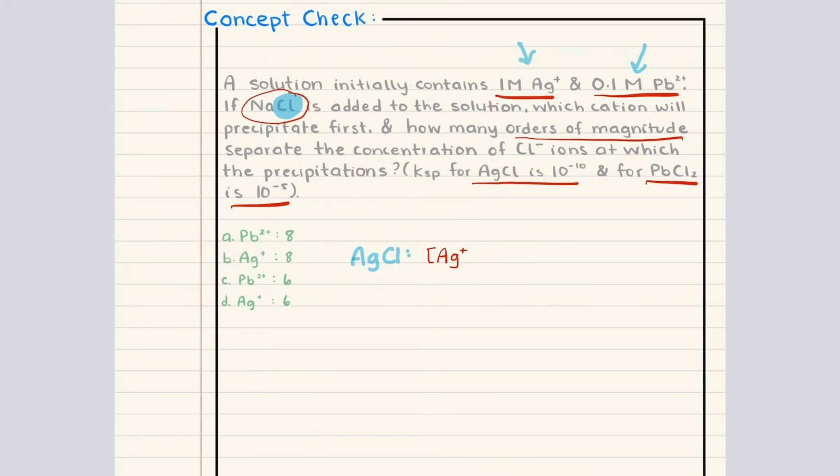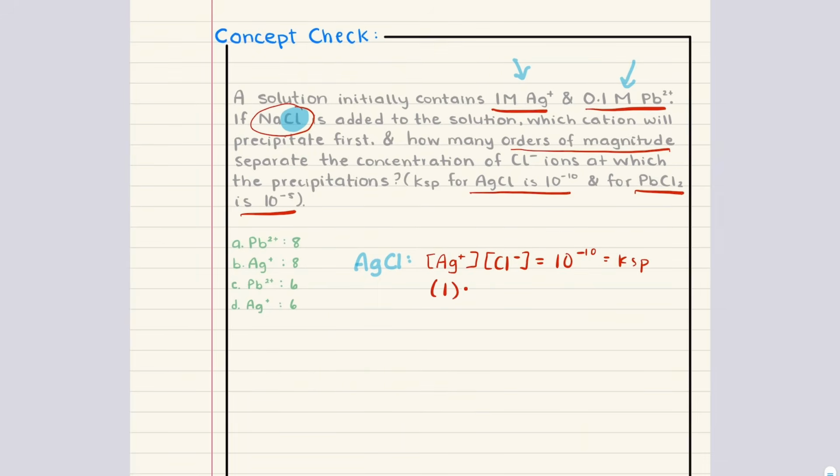For silver chloride, the KSP expression is the concentration of silver times the concentration of chloride. We're going to set KSP equal to 10 to the negative 10. That is the value we have. Now we're going to plug in the silver concentration of 1 molar. That gives 10 to the negative 10 equals 1 times the chloride concentration. So the threshold chloride concentration for silver chloride is 10 to the negative 10 molar.